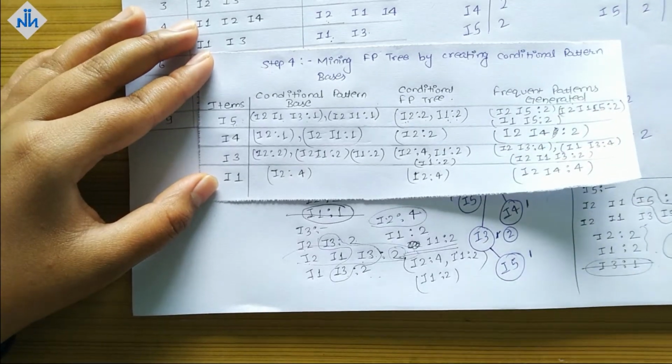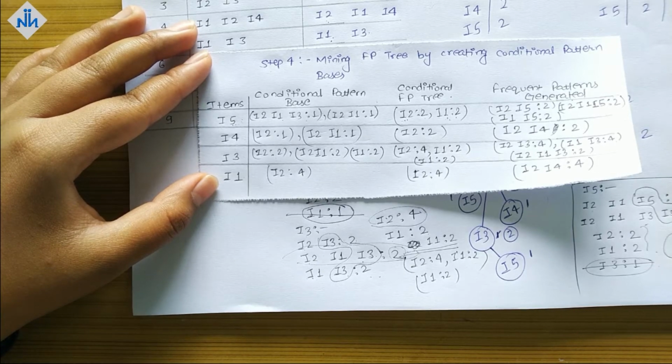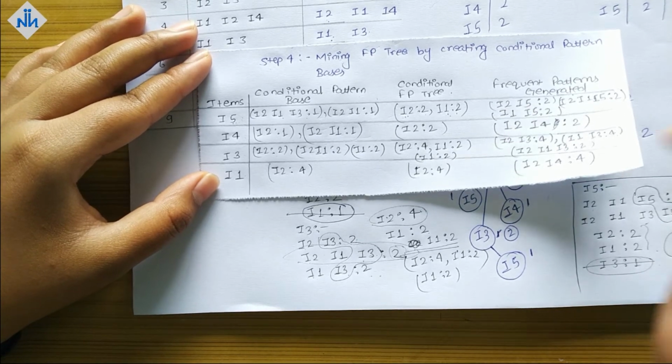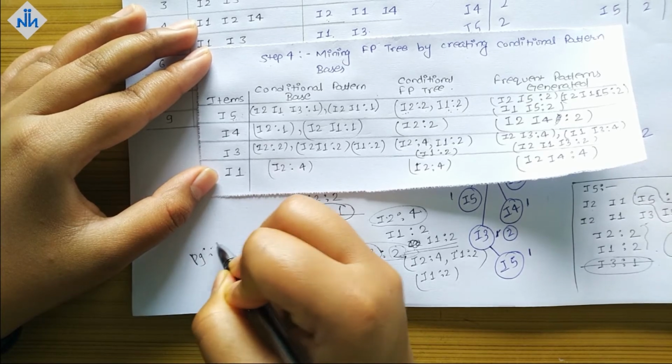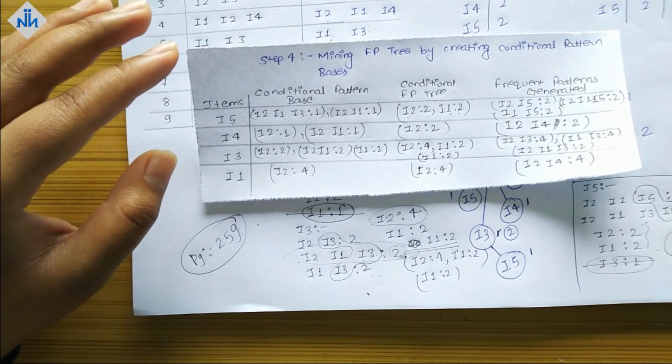This is our answer, and this question is from the book Data Mining Concepts and Techniques, 3rd edition, the Morgan Kaufmann series in data management systems, and the page number is 259. So you can check it out over there.